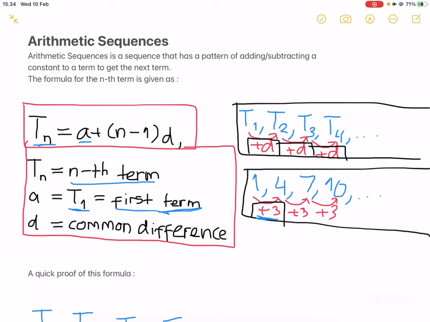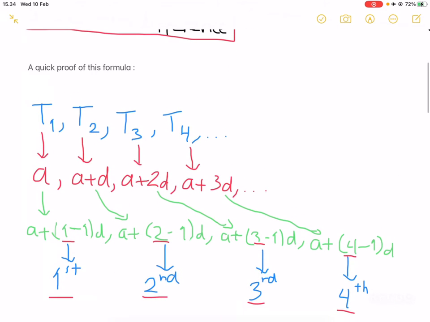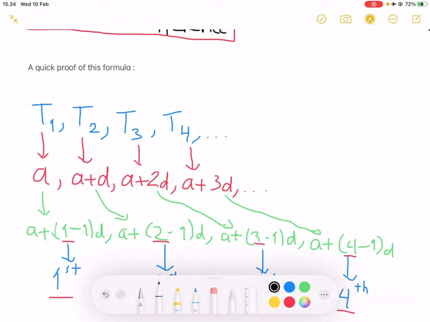And in case you are wondering how I got this formula, it goes something like this. We can just rewrite a sequence T1, T2, T3, and so on, in terms of a and d. For T1 we just assume that it is a.